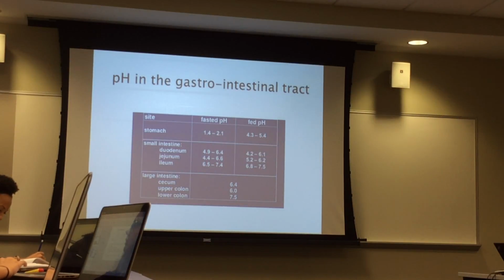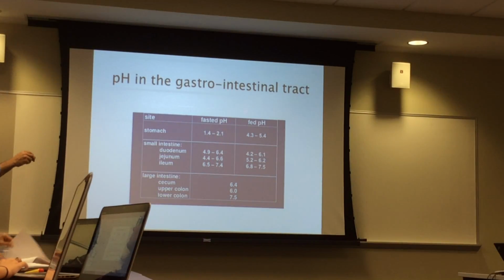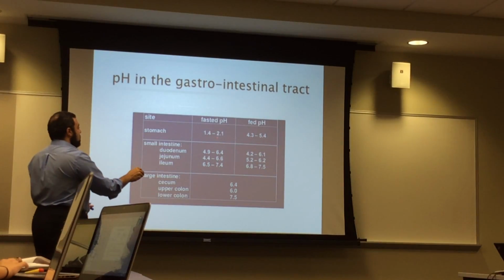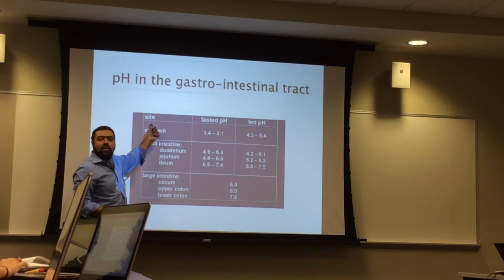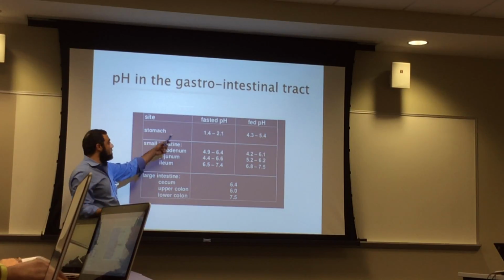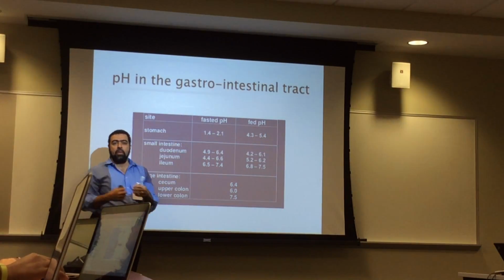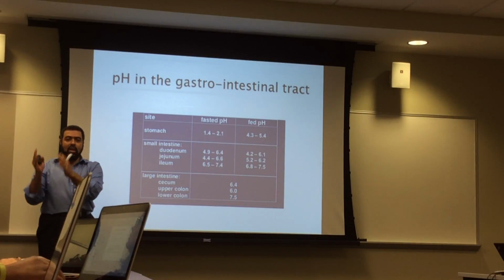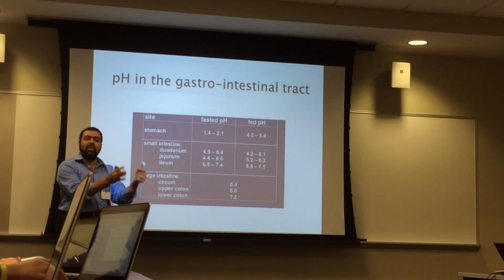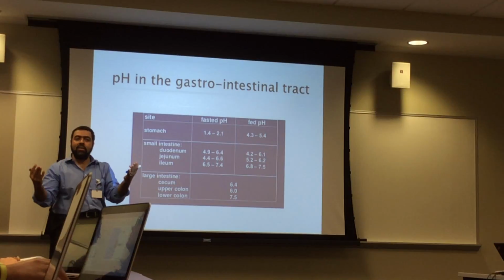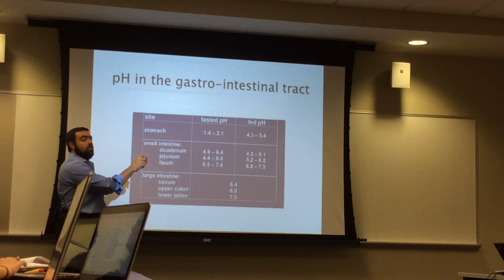So these are the numbers for stomach and the small intestine and large intestine pH. And notice the difference between fasting and fed pH. Fasting means there is no food. So the concentration of acid is very high because there is nothing to dilute the acid. And this is why you have a lower pH. So remember, pH is the negative log of the concentration of acid. So if you have higher acid, you actually get lower pH.